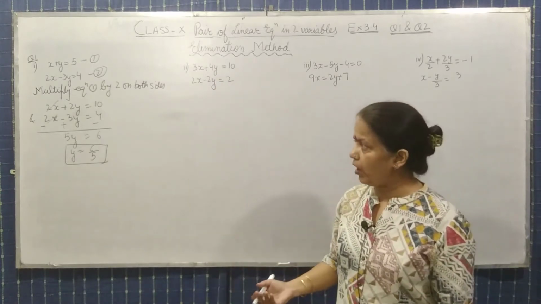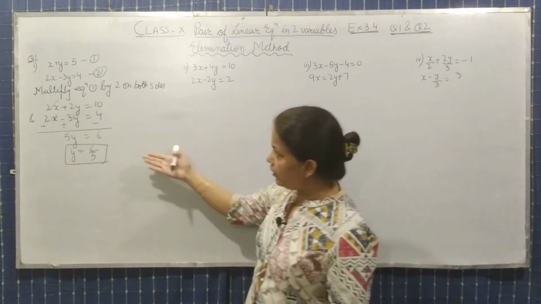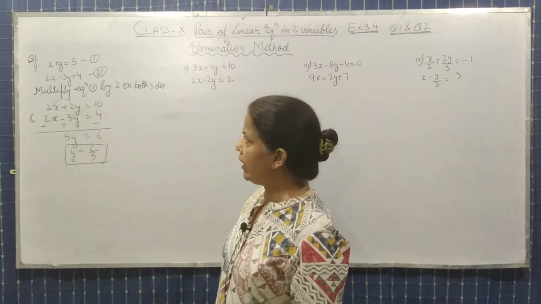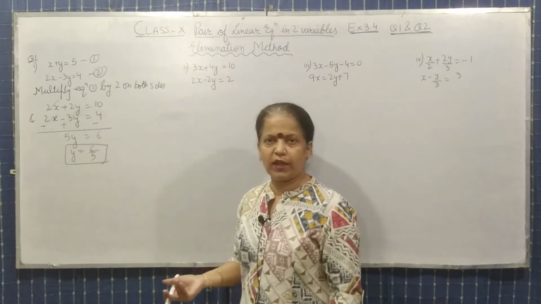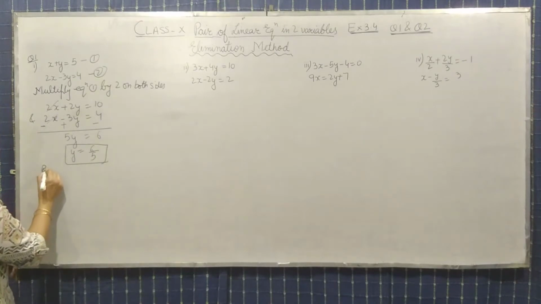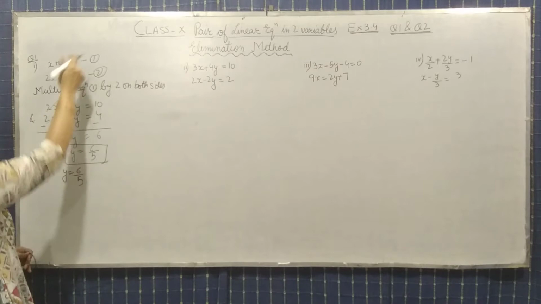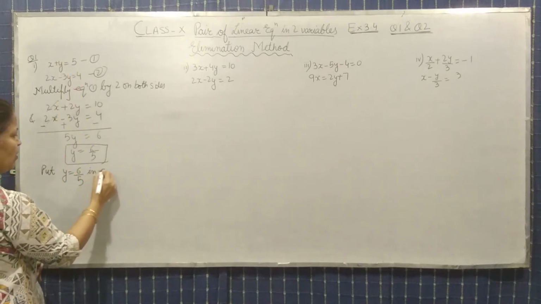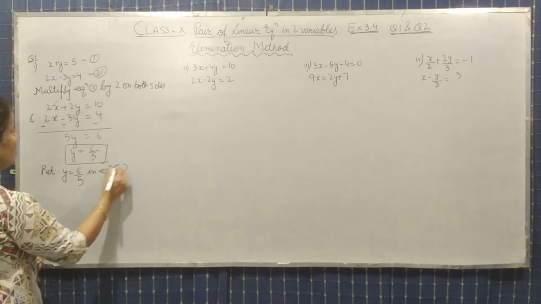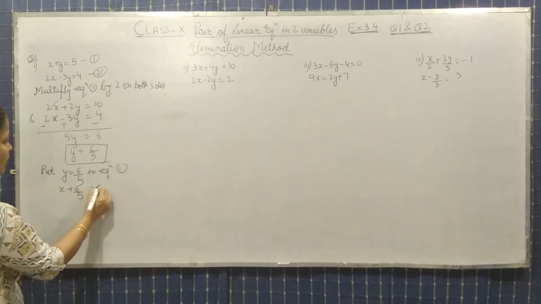How will you find out the x value now? x value कैसे निकालेंगे? Elimination से हमने y value निकाली, but how will you find out the x value now? What will you do? You will put y equals 6 by 5 in either of the equations. In equation 1, so x plus 6 by 5 equal 5.